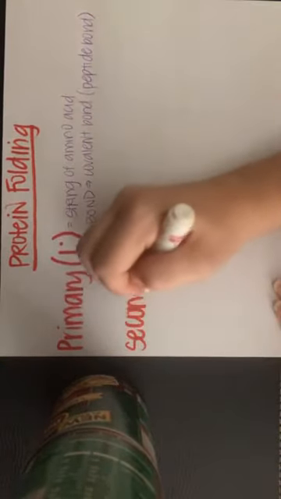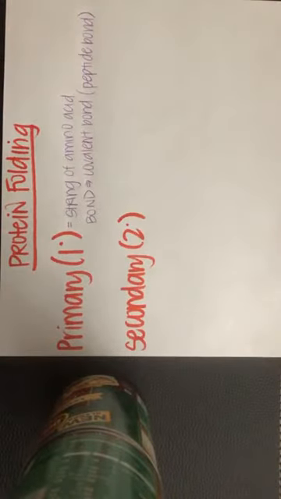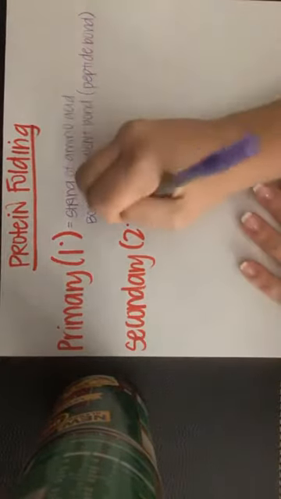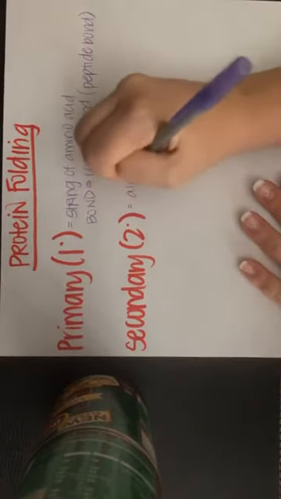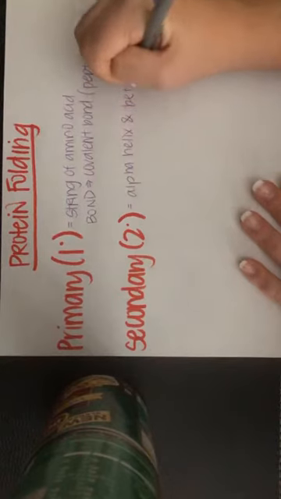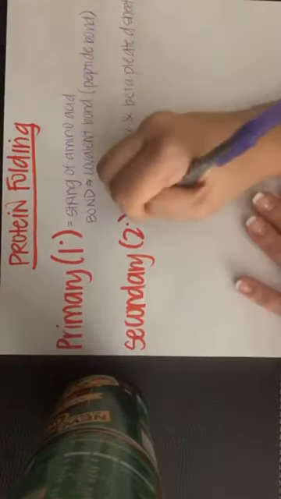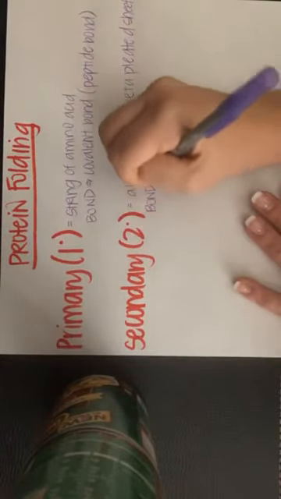So then we talk about our secondary structure. Our secondary structure is going to be when we start to see the alpha helix and the beta pleated sheets. And the bond that we're going to have with this is going to be a hydrogen bond.